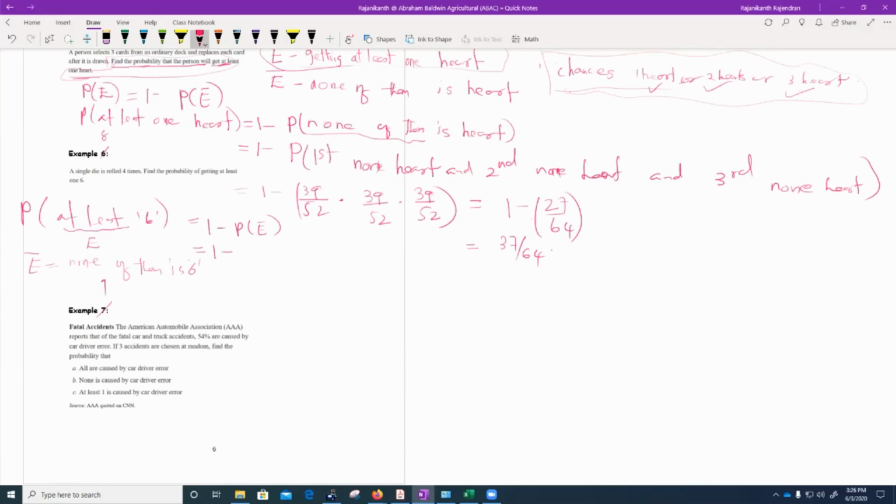That means the probability of E bar is none of them is number 6. Remember, you are rolling a die four times.